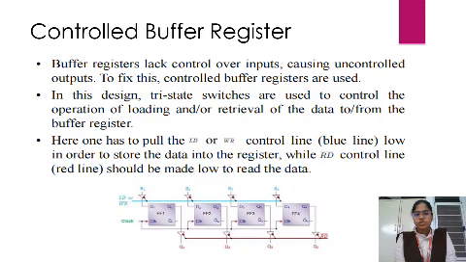Here, one has to pull the WR bar control line, the light blue line, low in order to store the data into the register, while the RD bar control line, the red line, should be made low to read the data. And this is the diagram.